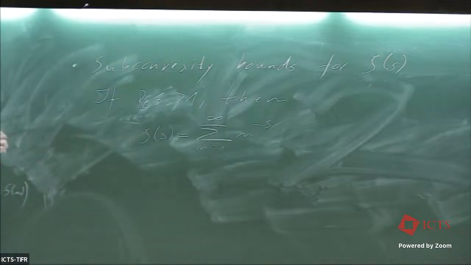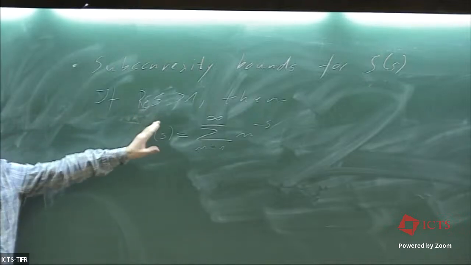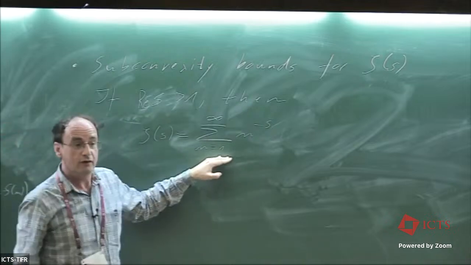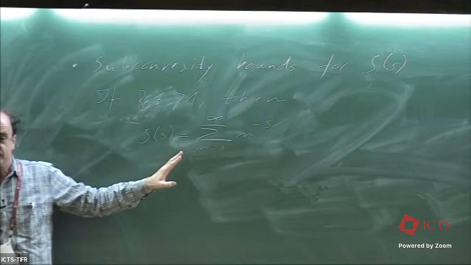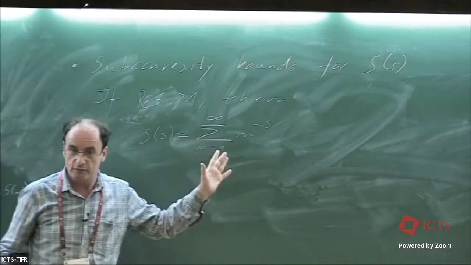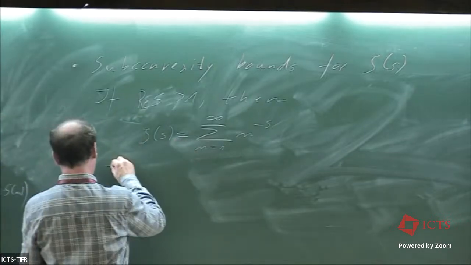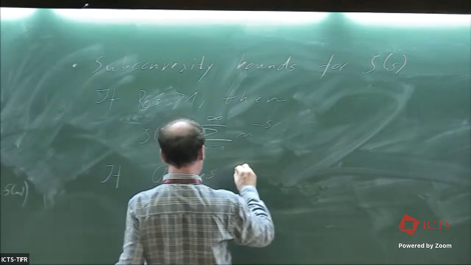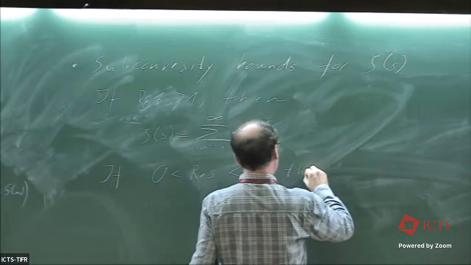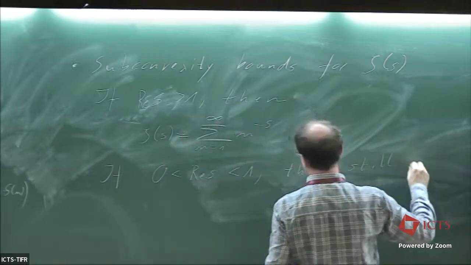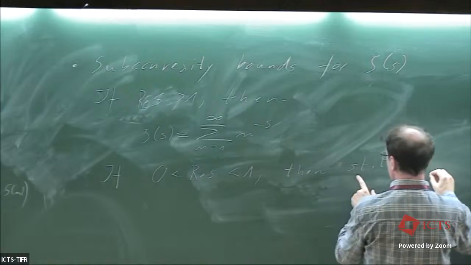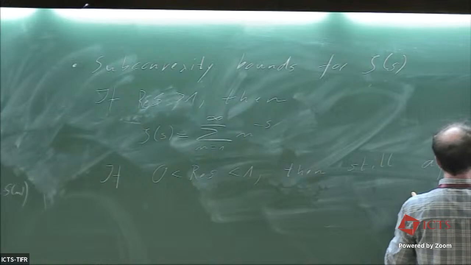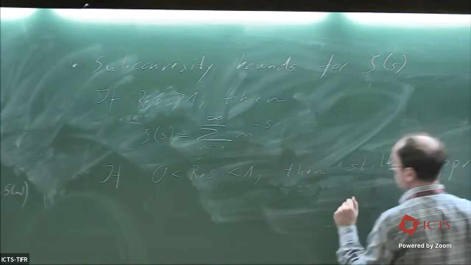That doesn't work when the real part is less than 1. Nevertheless, partial sums of that form can approximate the zeta function in the critical strip. If 0 is less than the real part of s, which is less than 1, then approximations of the following form are still good.